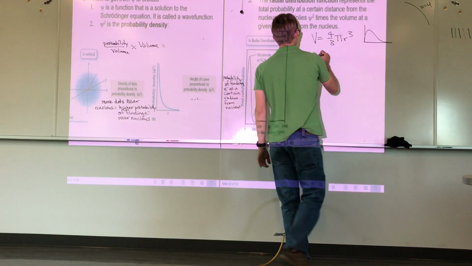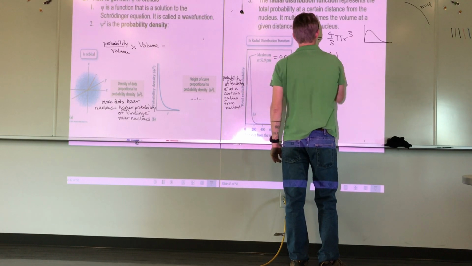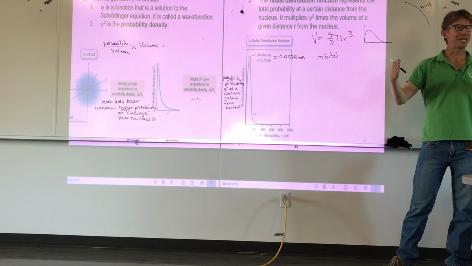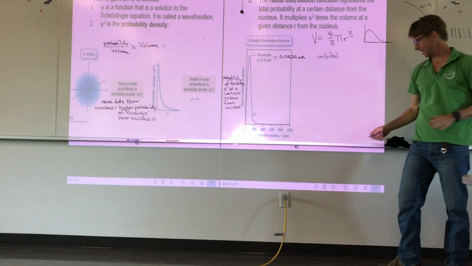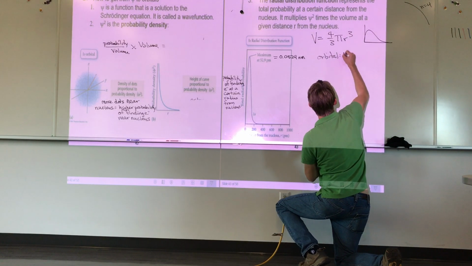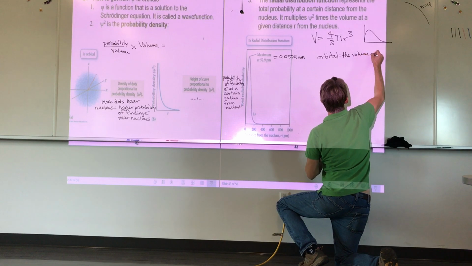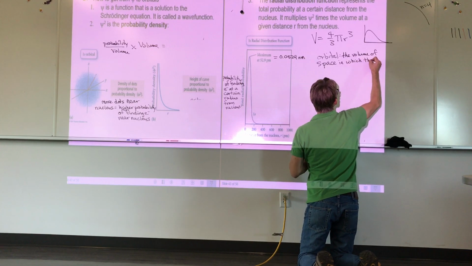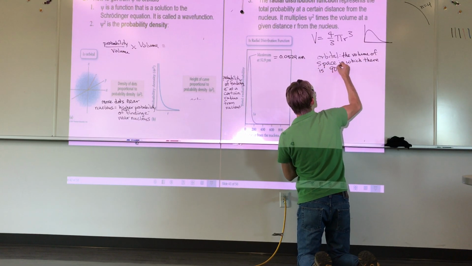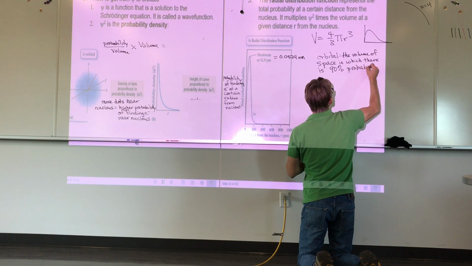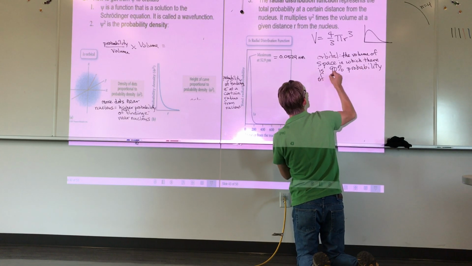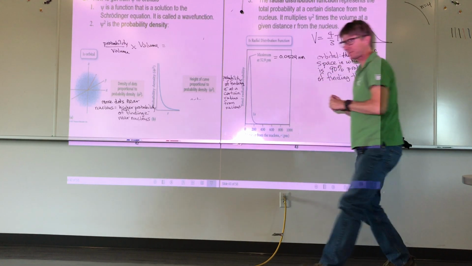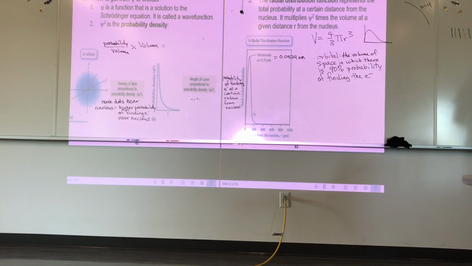An orbital is defined as the volume of space in which there is a 90% probability of finding the electron. The volume of space in which there is a 90% probability of finding the electron.